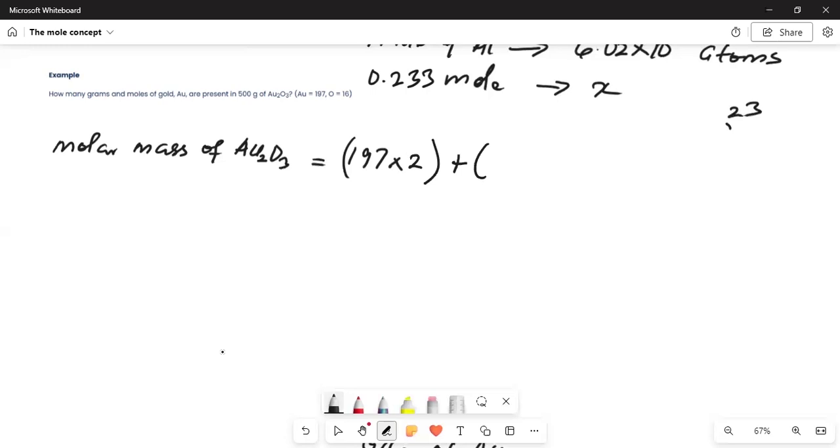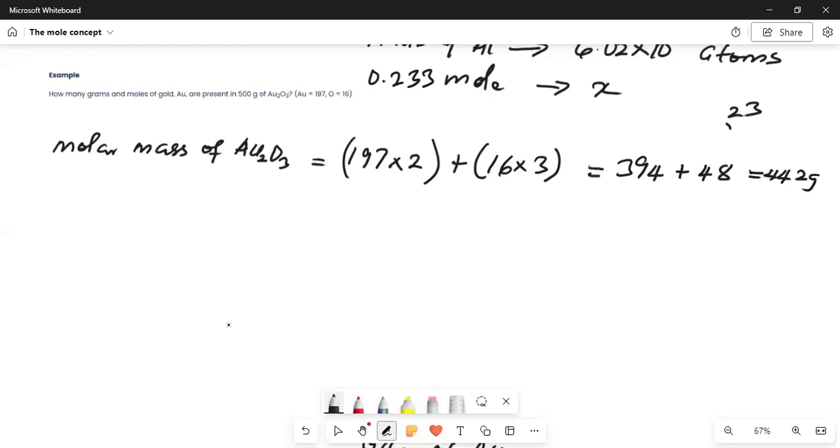So 16 times 3. So 197 times 2 is 394, plus 16 times 3 is 48. Adding 394 to 48, we have 442. So the molar mass of gold oxide is 442 grams.